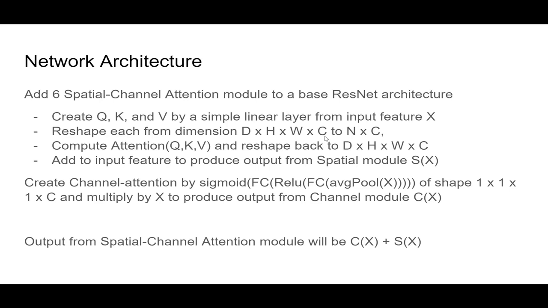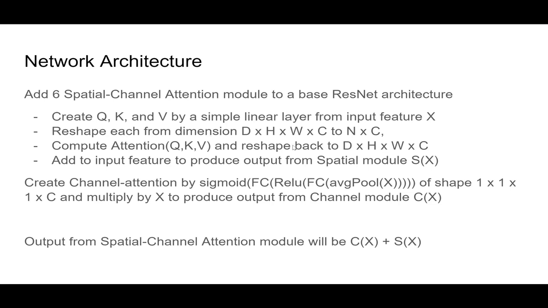So we start from 2 in the input, and then as we apply convolutions in the ResNet structure, we increase C to 32 or 64 and so on. So X is a tensor of shape D times H times W times C. We create query, key and value by a linear layer from X, and then reshape that to N times C.